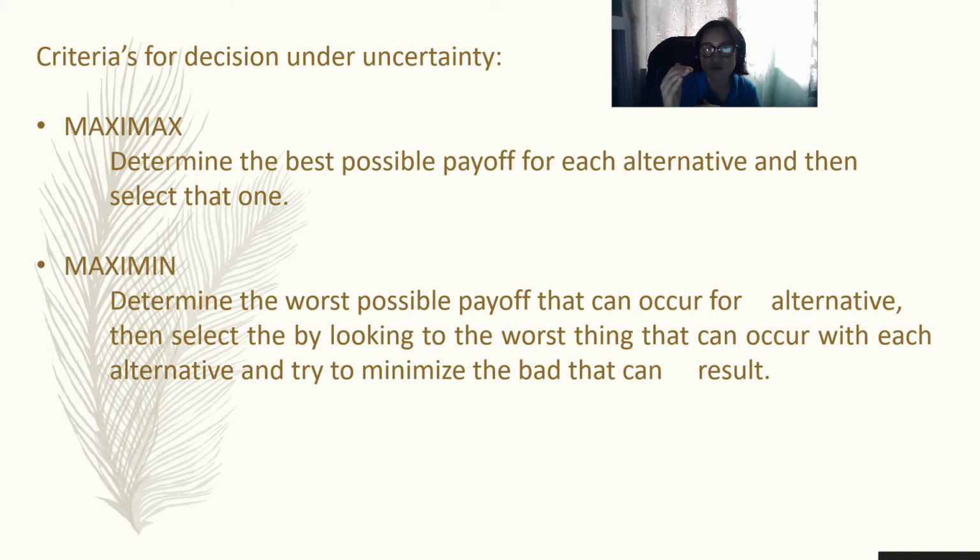When you say payoff, that is when it comes to money, your basis in finance. But when you say maximin, this is the worst case scenario, wherein you choose based on the worst case scenario, if you choose the minimum payoff.